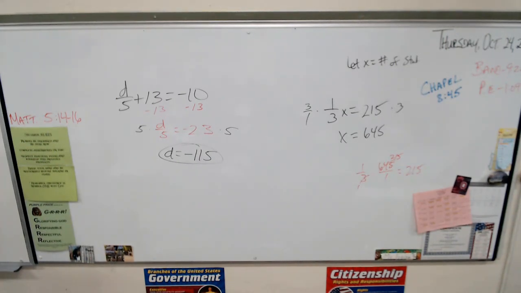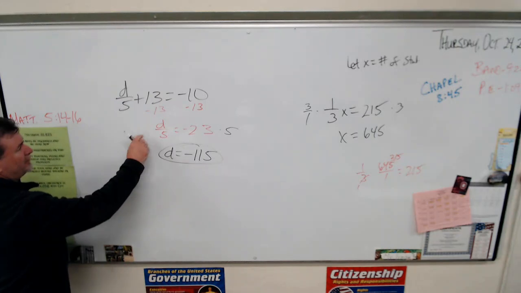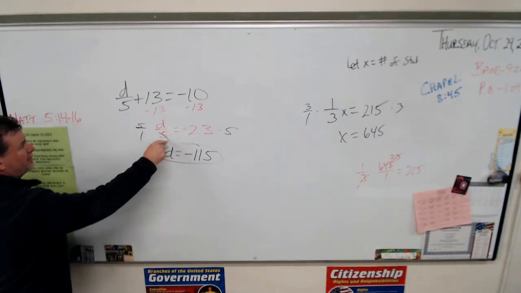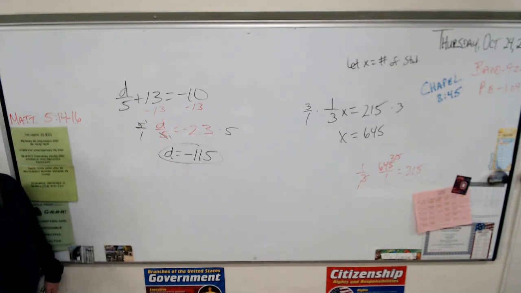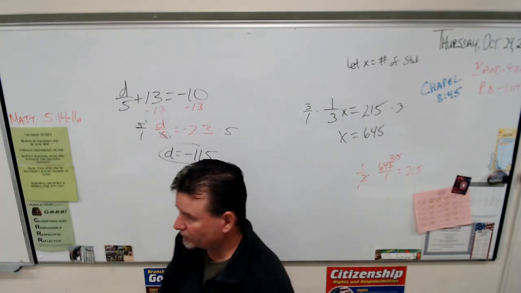Brett, see this? When I multiply this by 5, which is 5 over 1, that's how I just get d. That's how it undoes the division. Yes? How do you get number 27?